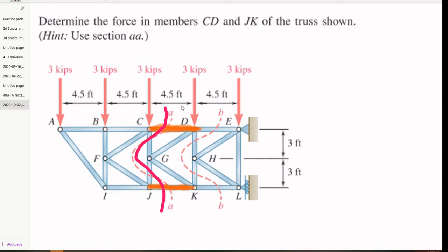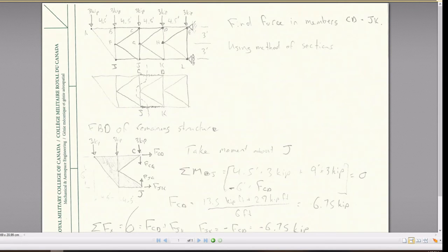When we do that, essentially we treat whatever is left as a rigid body, and then replace any of the members that had been cut with just forces along their axes, and then apply the equilibrium conditions to the cut section that's left behind. So I'll just move over here.